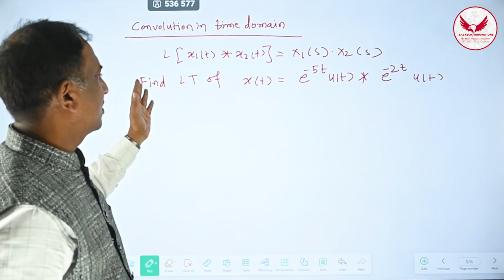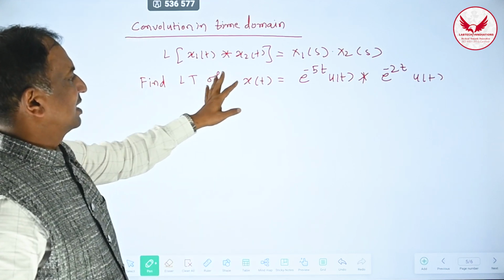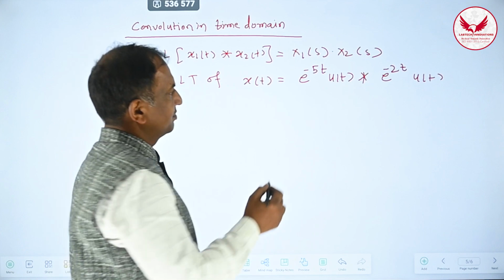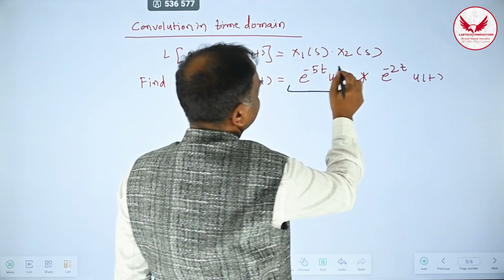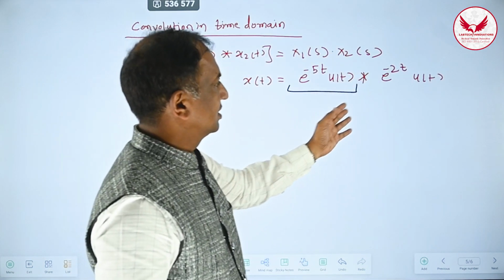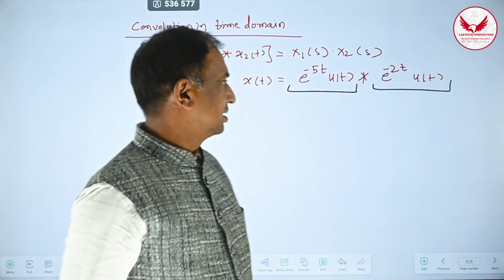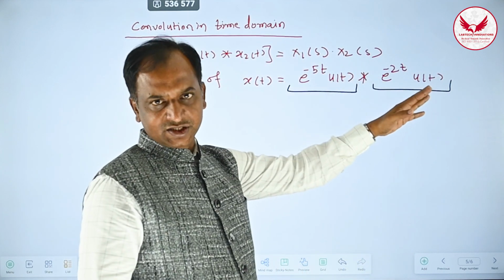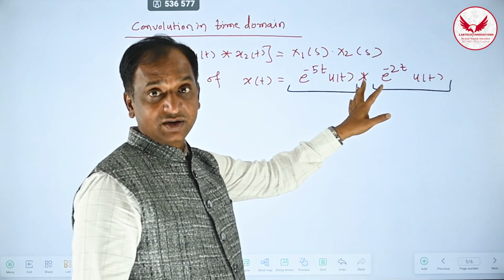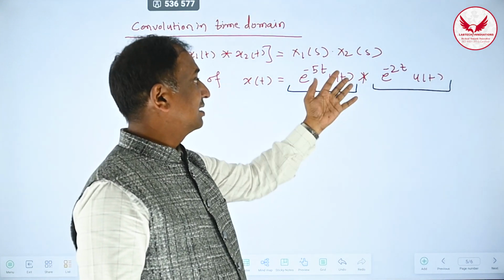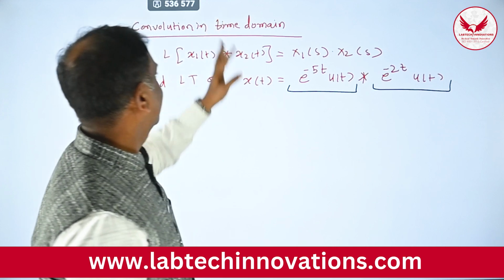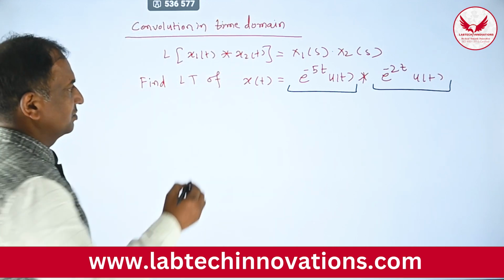Now let us solve the problem of the Laplace transform of x of t, where x of t is equal to e raised to minus 5t u of t convolved with e raised to minus 2t u of t. There are two signals; you can assume them as x1 and x2, and you have to find their convolution. Convolution is difficult, so we will make use of the convolution in time domain property.